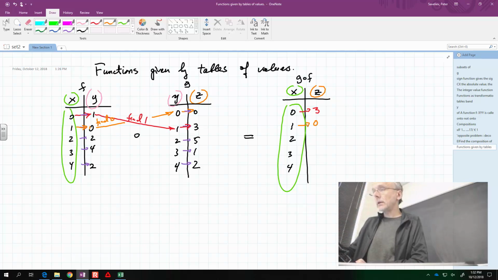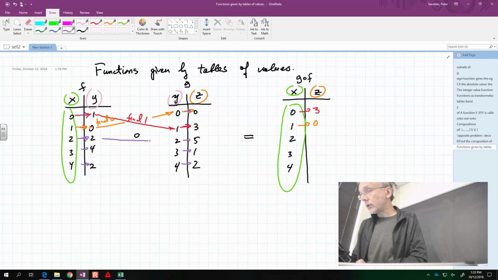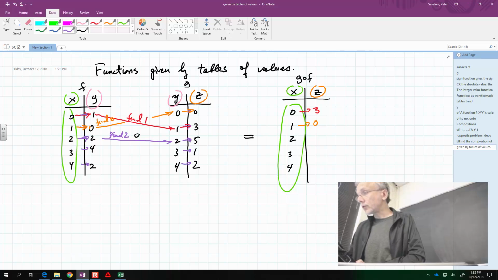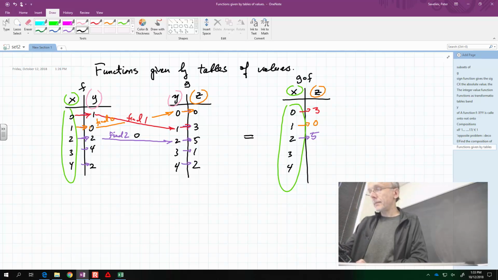And then, well, let me do more of it. 2 goes to 2. Then I find that 2 on this side. So find 2. Okay, 2 goes to 5, and so the answer is 5. 3 goes to 4. I find a 4.